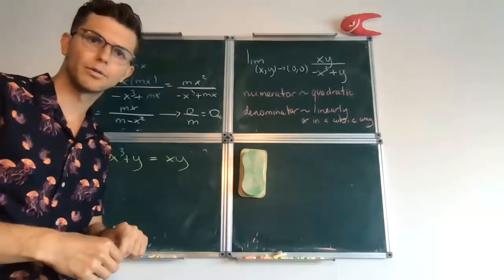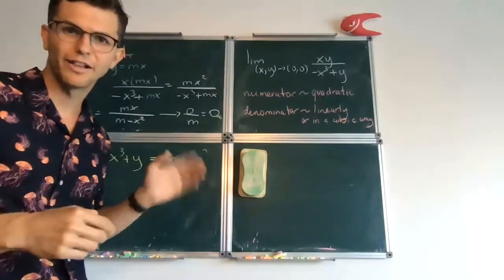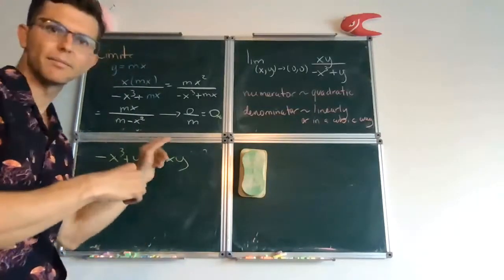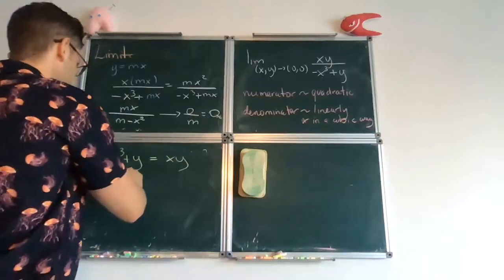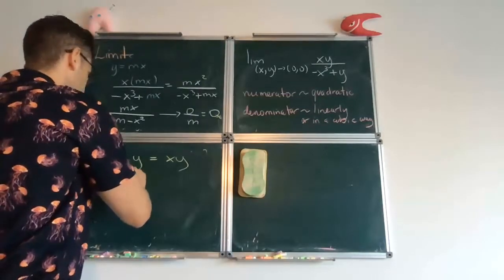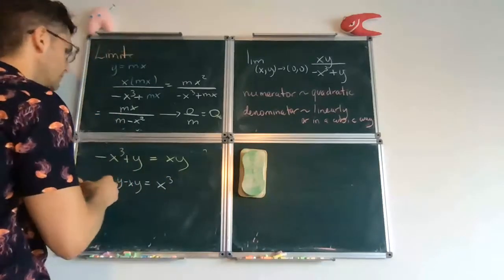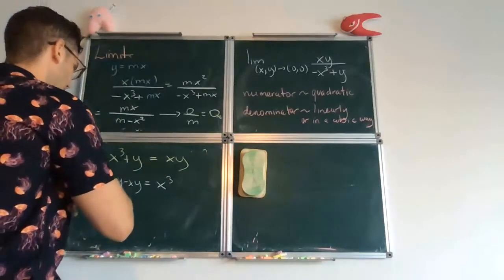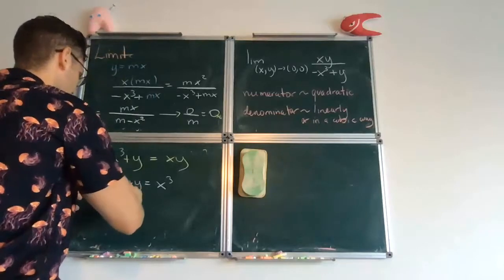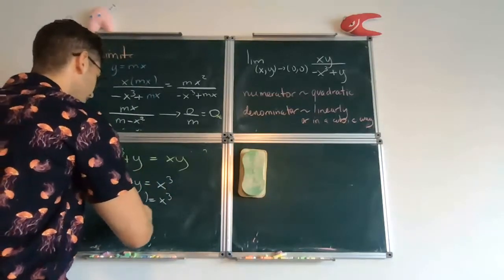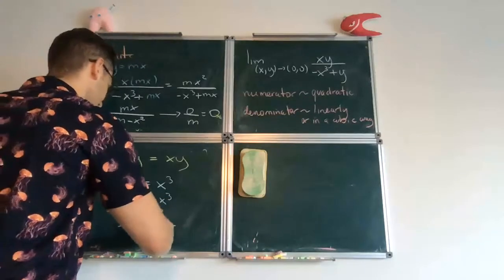And you say, well, is this even possible? This seems suspicious. But the idea is that this equation is the same as saying y minus xy equals x cubed. And this is the same as writing y times 1 minus x equals x cubed, and so y equals x cubed over 1 minus x.